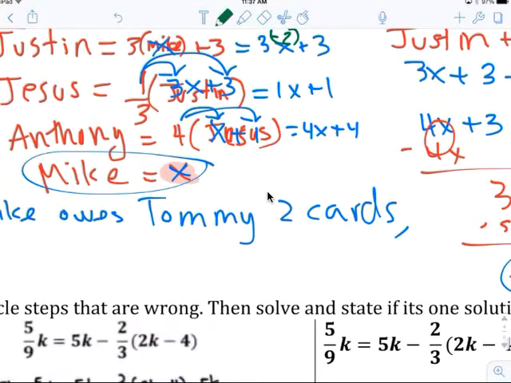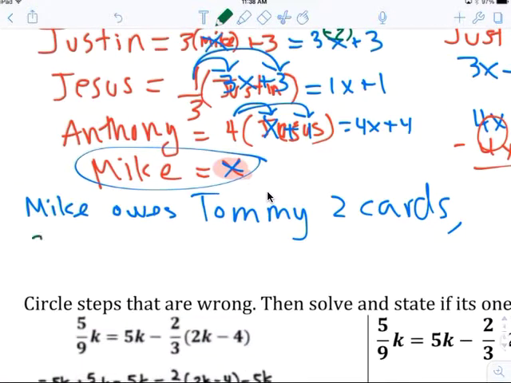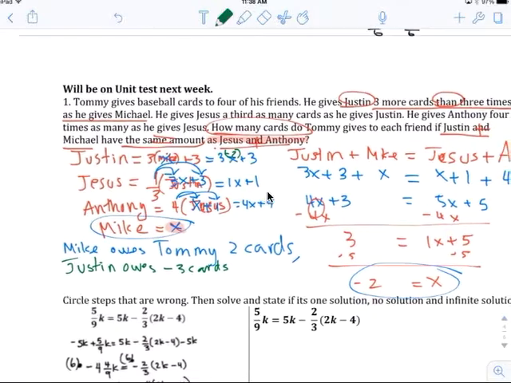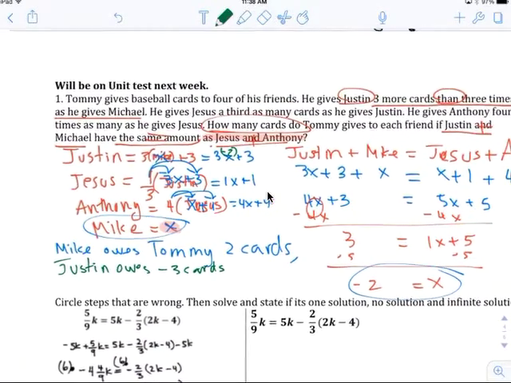So that gives you a negative. Justin owes, spelled Justin wrong, 3 cards. Unless I made some mathematical error. No, I did not.